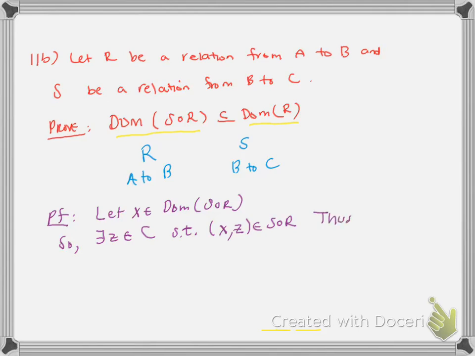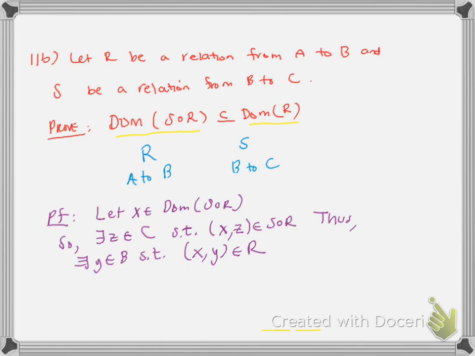Thus, there exists a Y in B, right? Such that XY is in the relation R, right? Because you have to start somewhere. X goes to Y, and Y is going to go to Z in this case, right?